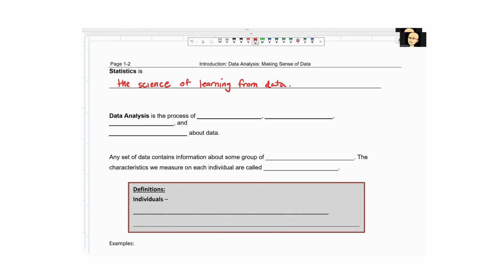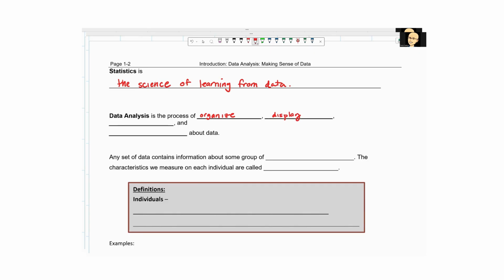Now, part of this process is called data analysis. Data analysis is that we have a bunch of data, and what do we want to do with that data? Well, one thing that we want to do is organize it. We want to get that data in a form that's digestible. That may mean that we display it in the form of a chart.